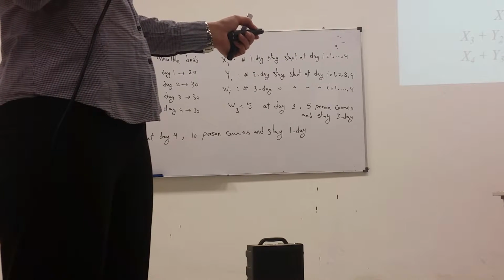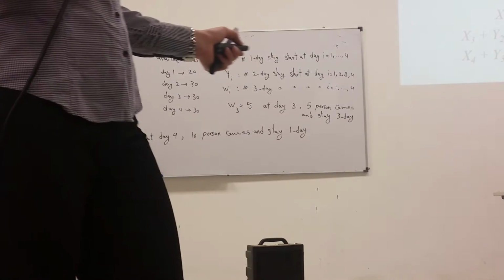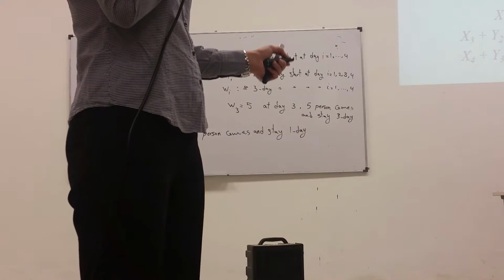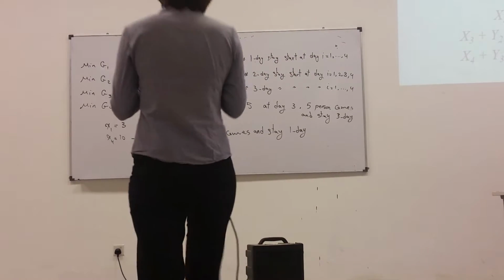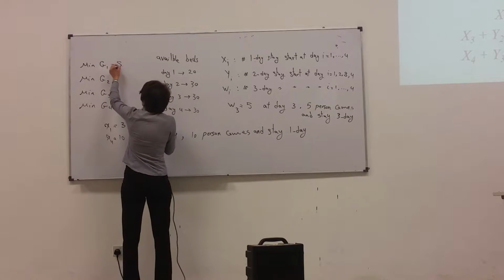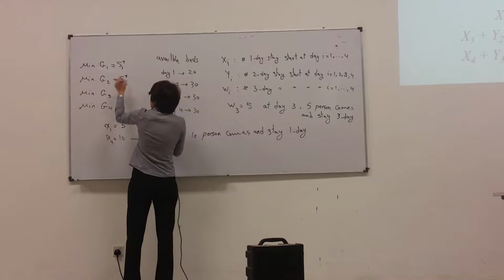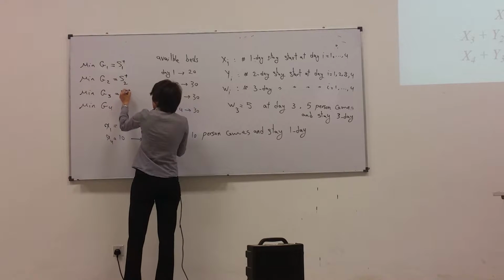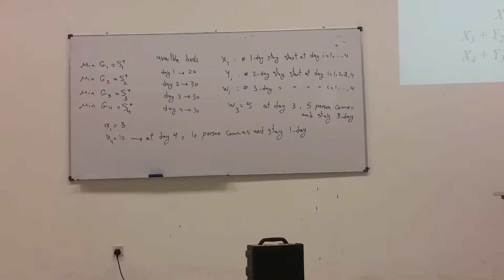After you add deviational variables, for violated goals, we should minimize Si plus. So first you should write like this: G1 is equal to S1 plus, G2 is equal to S2 plus, and G4 is S4 plus. So we have 4 goals.